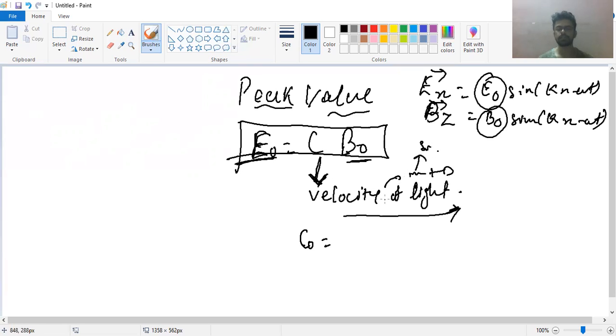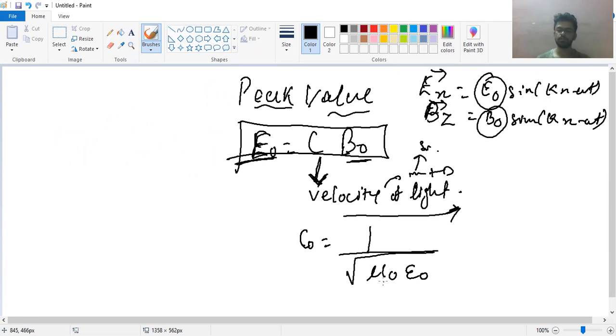If we just take the magnitude of the velocity of light, as of now the direction is not our concern, the actual speed is given by the expression 1 over square root of mu naught into epsilon naught.